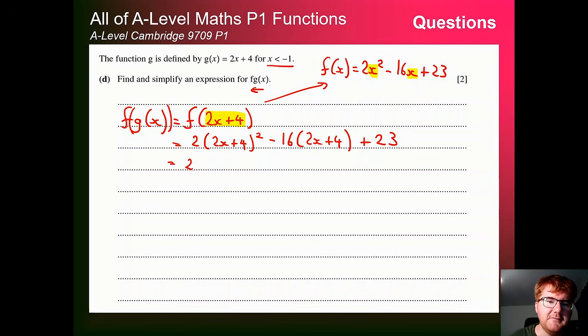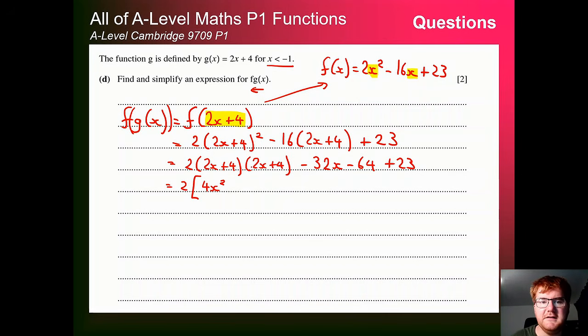Now I'm going to speed through a bit of algebra here, so just to remind you what this looks like, this is 2x plus 4 times 2x plus 4. This gives me minus 32x minus 64 plus 23. If we multiply this out, we get 4x squared plus, I know I'm speeding through this, this is just an algebra exercise for you, 8x and 8x is 16x, that's also 16, minus 32x minus 64 plus 23.